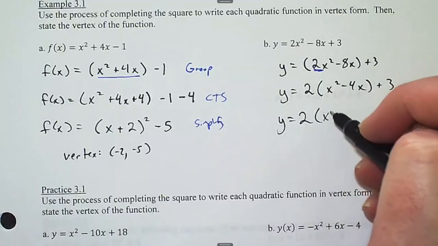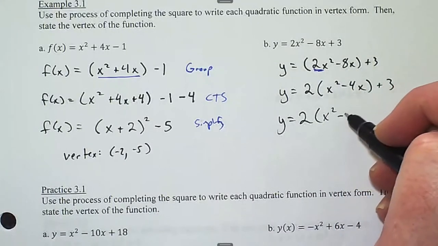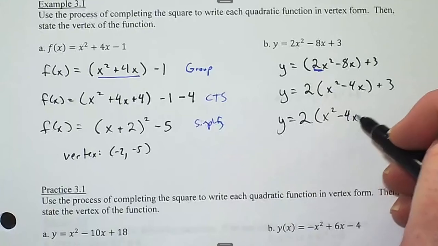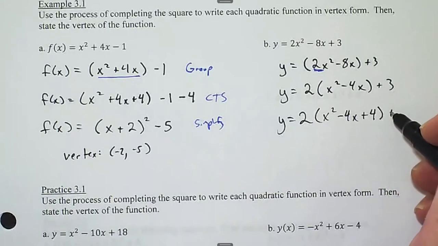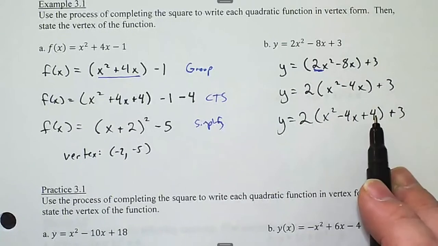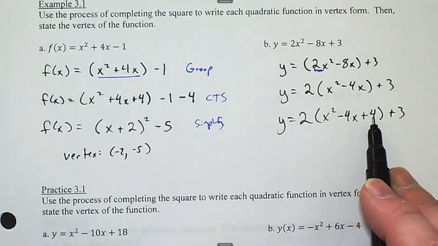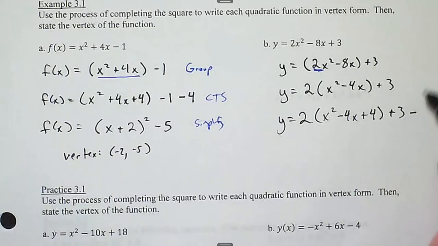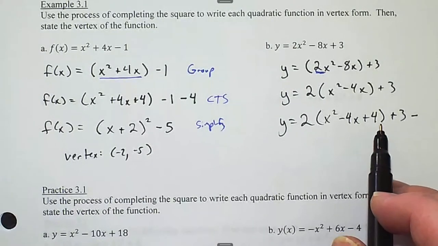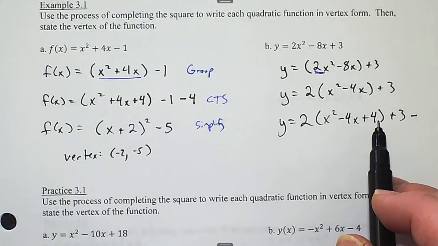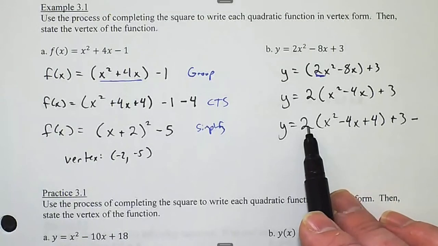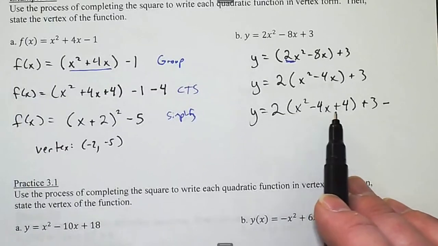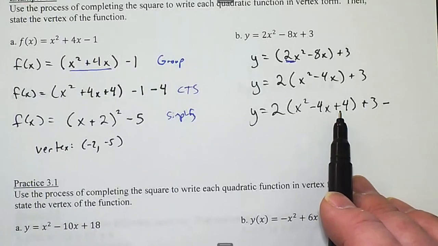All right, and then I'll take half of 4, which is 2, square it, and I'll add it. So I added 4 here, so I'll subtract, wait a minute, not 4 though. That's a 4, but inside of times 2. So I really added 8.